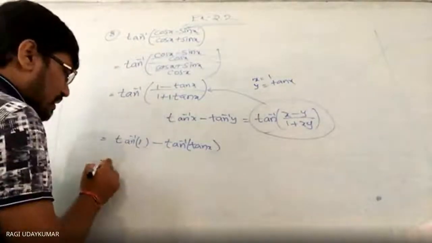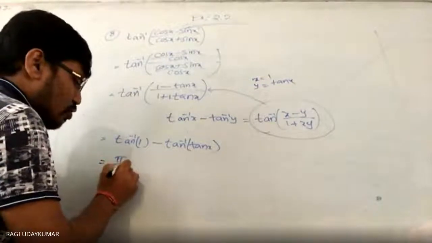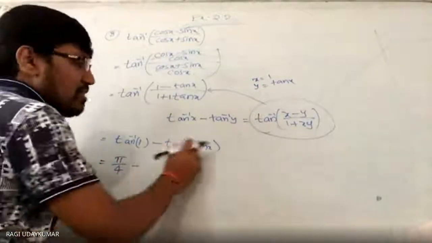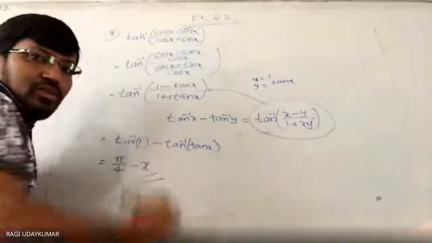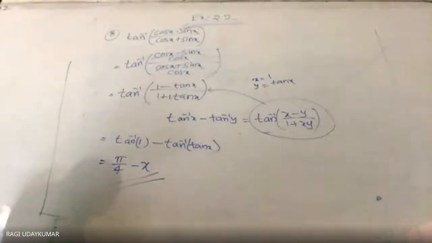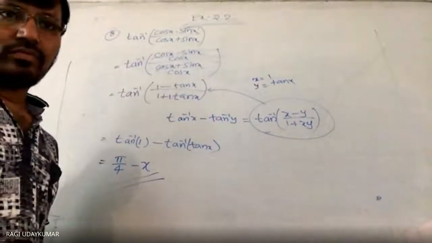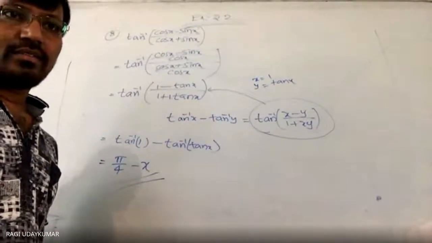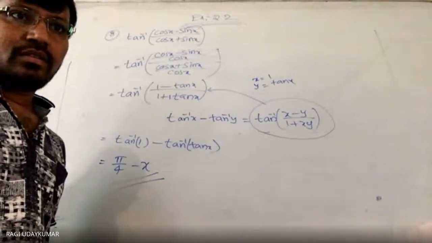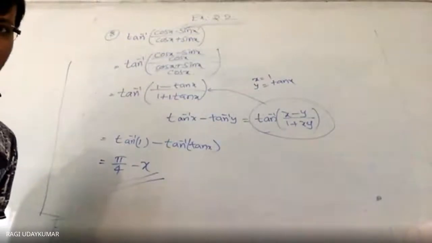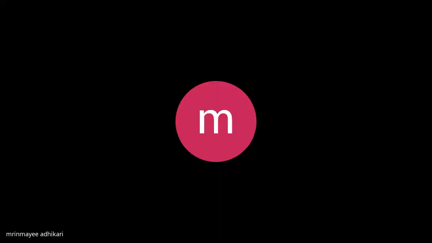So now what you can write here? Tan inverse of 1 is equal to pi by 4, and tan inverse of tan x is equal to x. So the answer is pi by 4 minus x. Okay? Is it clear? Yes, sir. Can you understand? Anurag? Yes, sir.